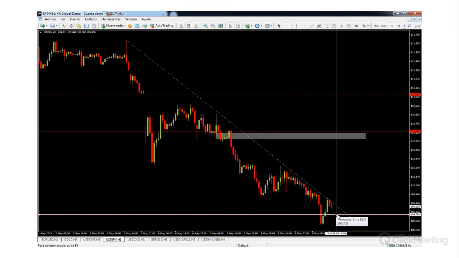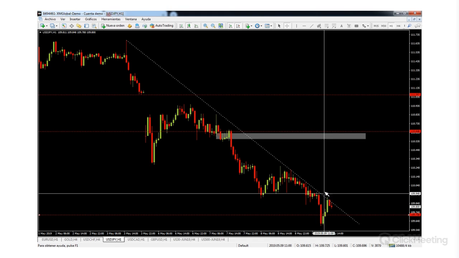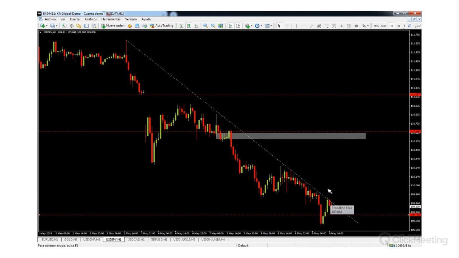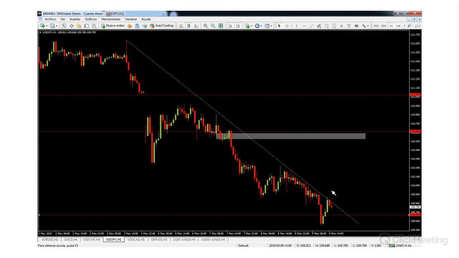But if you look at my chart, there are two horizontal lines and one trend line. And what do you see? Well, the bearish structure is still active. We haven't broken with the bearish structure. We need a break above the previous high and a break above this trend line for our buy on the US dollar versus the Japanese yen to be justified.